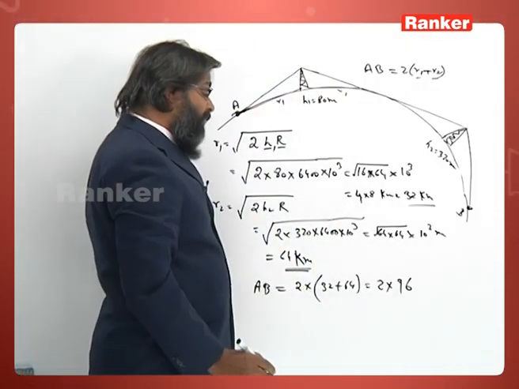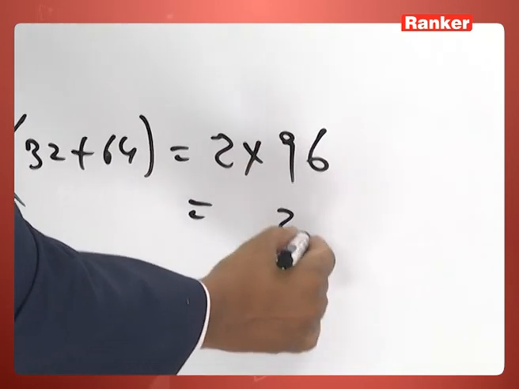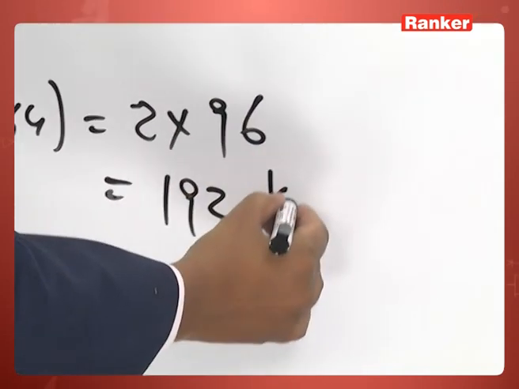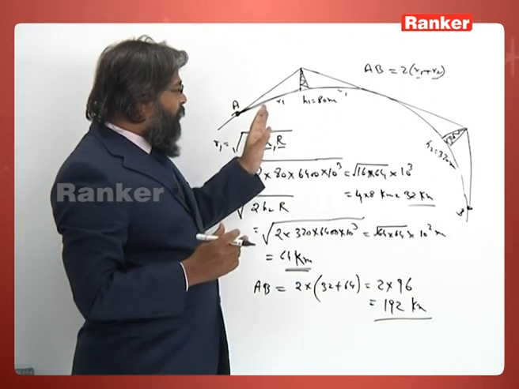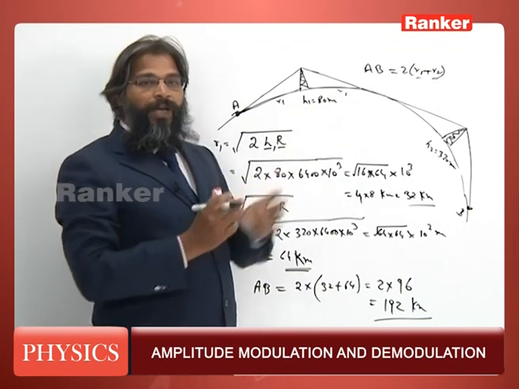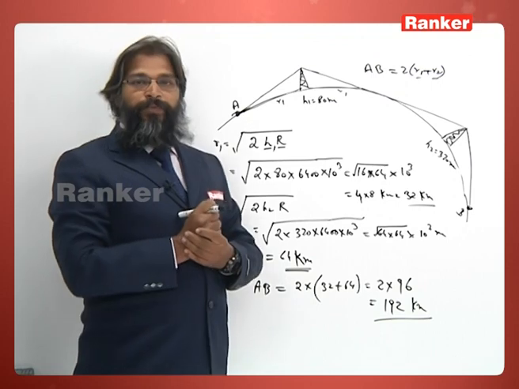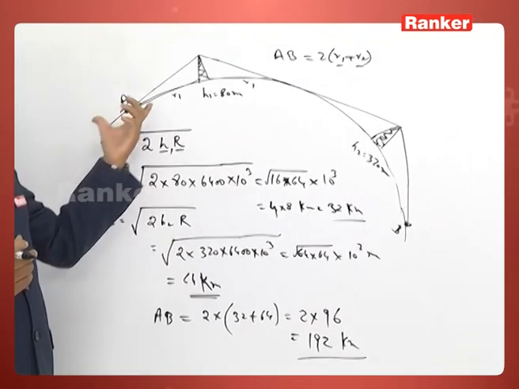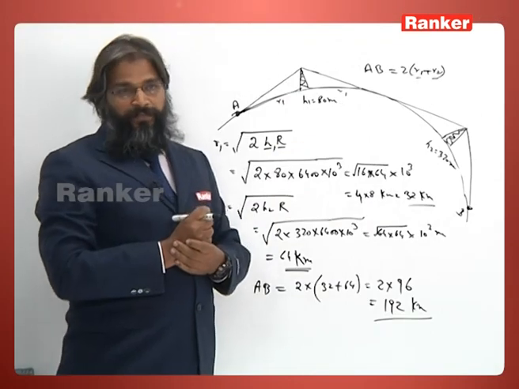So 96 into 2 is 192 kilometers. So 192 kilometers will be the extended range if we use these two towers. The maximum range that can be covered is 192 kilometers. This is the range of line of sight communication.